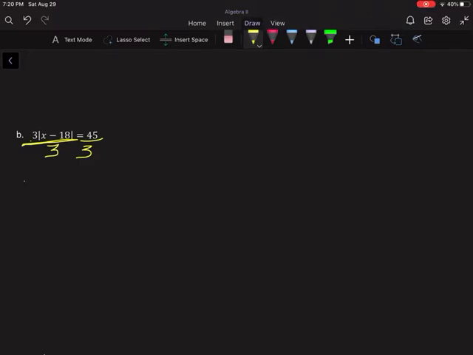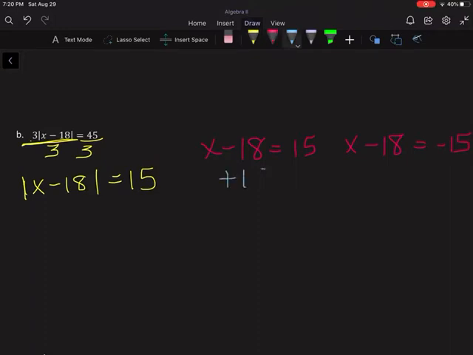So I'm going to divide by 3. So then I'm left with the absolute value of x minus 18 is equal to 15. Now we can do what we did in the last one. Just set the absolute value part to the positive solution and to the negative solution and solve.